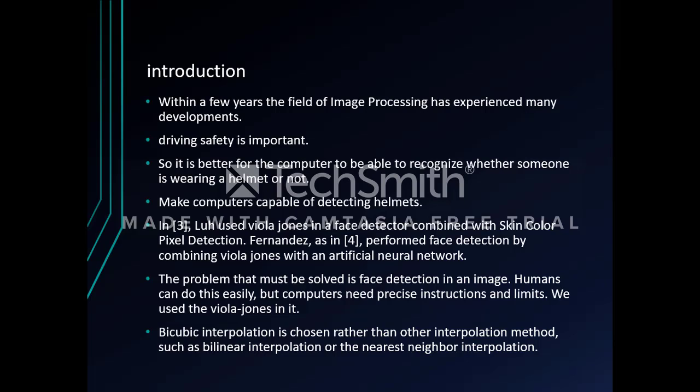Bilinear interpolation is still far better because it considers the values of neighboring pixels. But bicubic interpolation considers 16 surrounding pixel values, so the result is still better than bilinear interpolation.